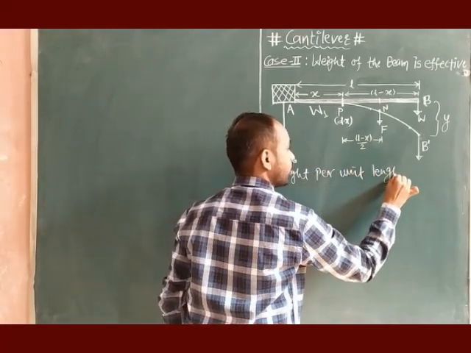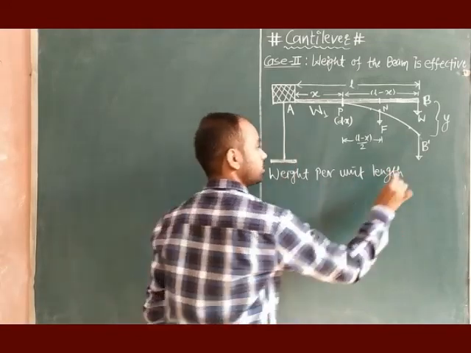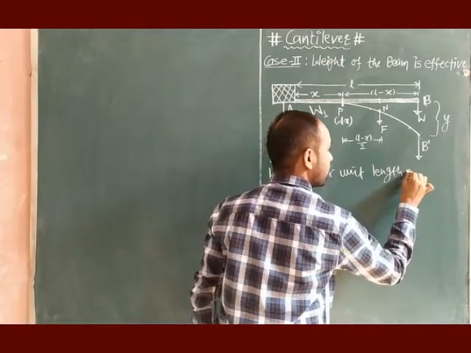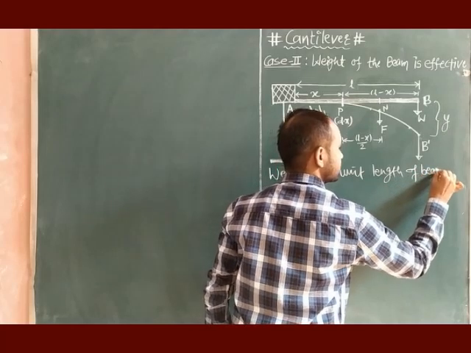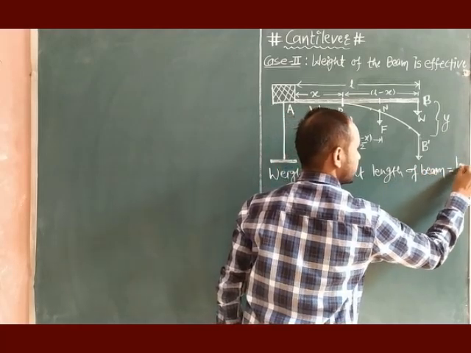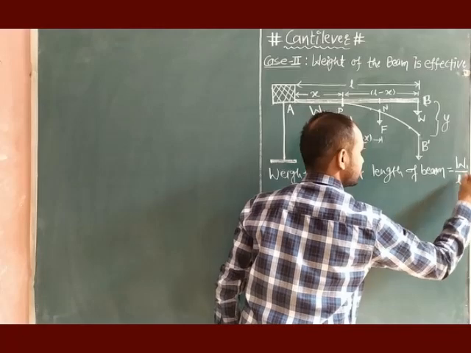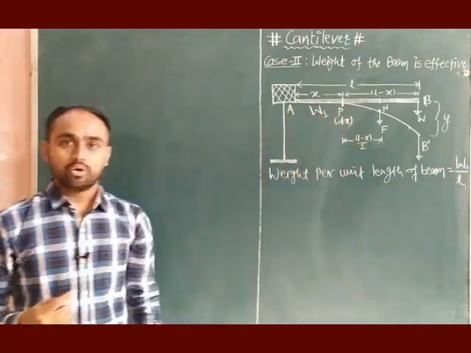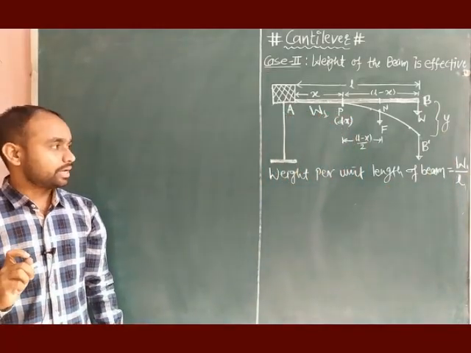Talking about the total beam length, the weight is W1 and its length is L, so the weight per unit length is W1 by L.